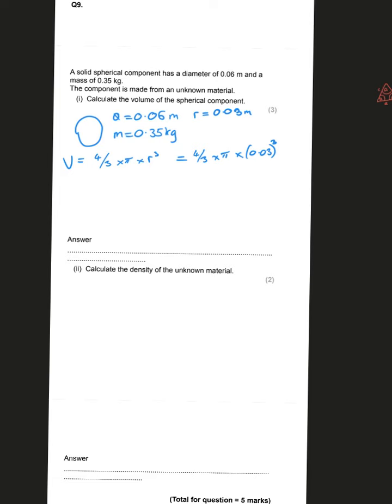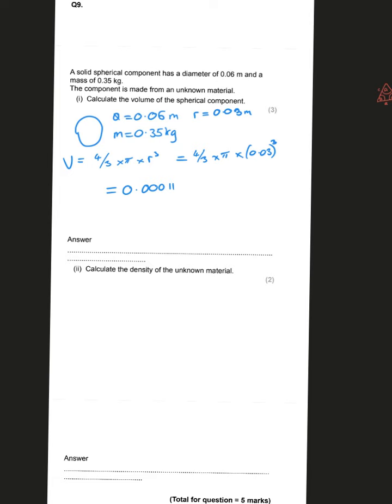4/3 times pi times 0.03 cubed equals 0.00011.